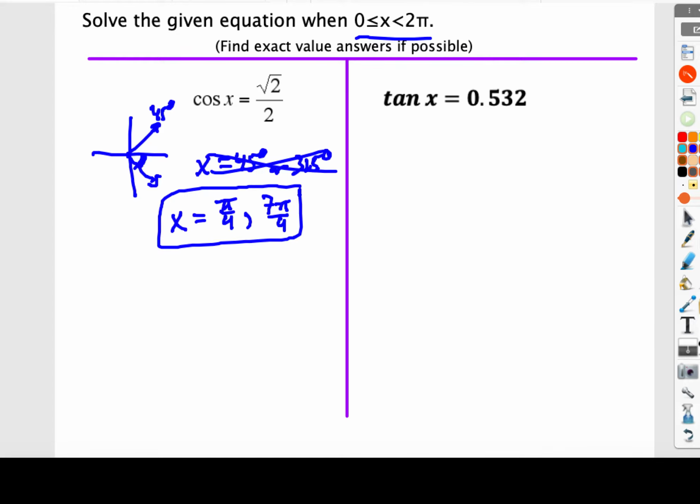However, over here at the right, the tangent of x equal to 0.532. Now that's not a special triangle side length. So there, what we're going to want to do is go ahead and take our inverse tangent of our ratio. Remember that the x is our angle, but inverses find angles.